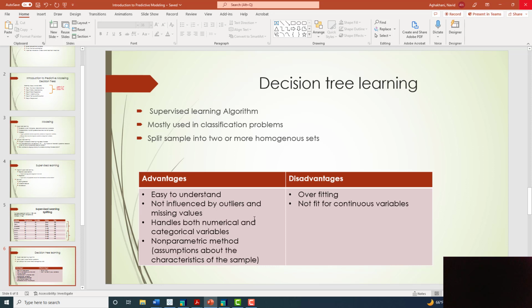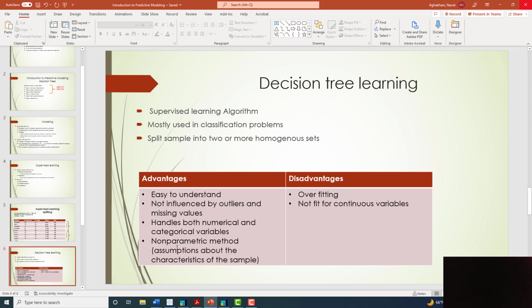As I mentioned, when we build machine learning models, we have to spend lots of time to cleanse the data and prepare the data, right? The good thing about decision tree models is that they are not affected by outliers and missing values. They are capable of handling both numerical and categorical values, and they are a non-parametric method.